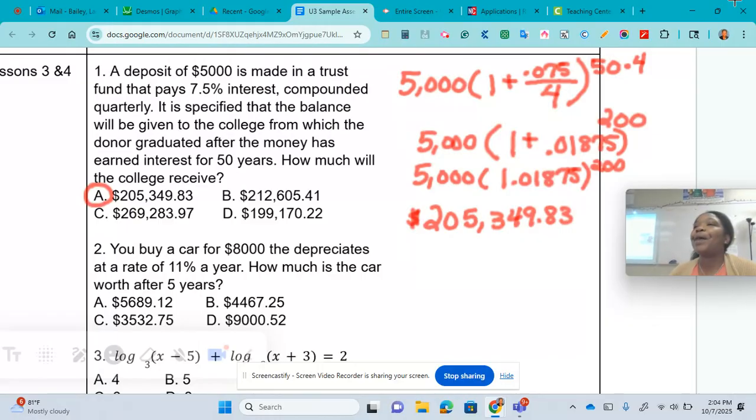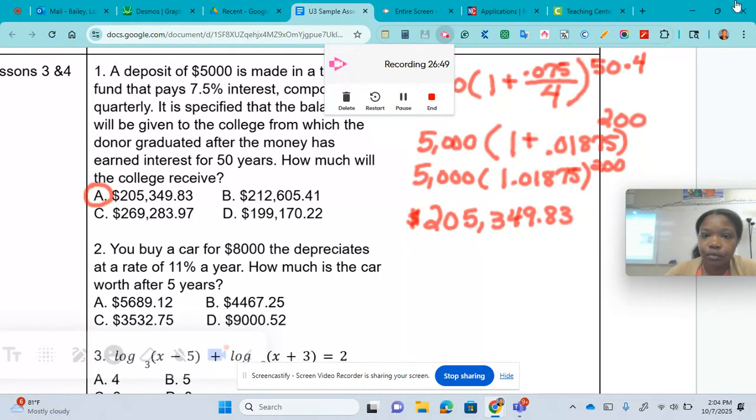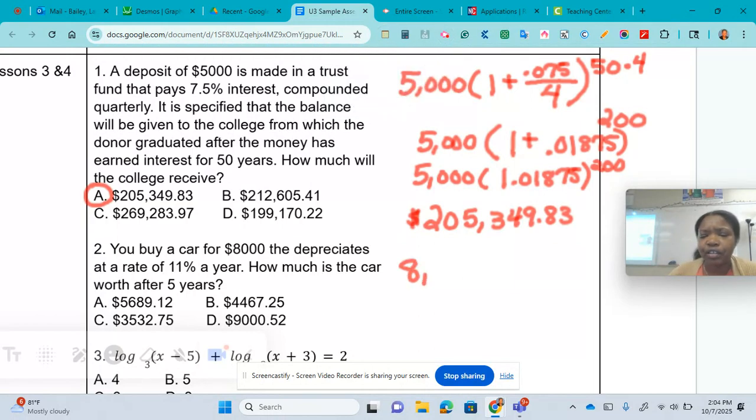Okay. You buy a car for $8,000. This is the reason why we went over them budgets. Unpausing, and we're not losing no time. $8,000. What's the cost of that car? It depreciates. So 1 minus 0.11, and it's yearly.